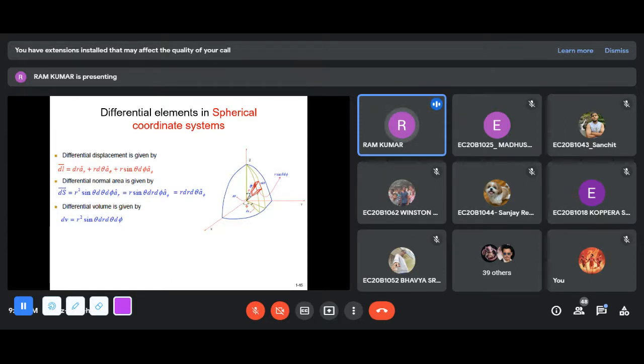Imagine this is some region, and some differential element is there. Suppose you apply a Cartesian coordinate system, you cannot get it exactly, because in Cartesian coordinates you may have some range along the x-axis, some along the y-axis, some along the z-axis. Every point you can represent. Everyone be very careful here, then only you can understand these applications clearly.